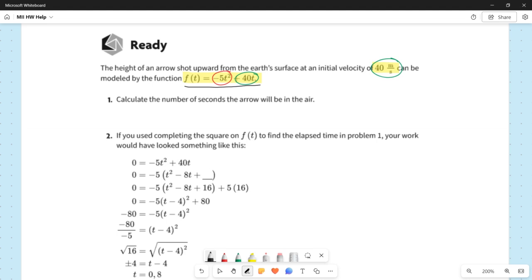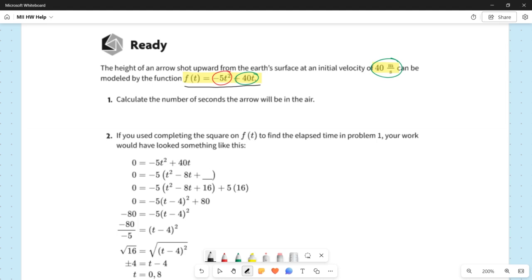And so if we want to know how long it's in the air, basically we want to know, what is the difference in time between when the arrow is on the ground? The arrow is going to be on the ground when we start, and the arrow is going to be on the ground when it hits the ground, obviously. And we want to know how much time elapsed between those two time periods.